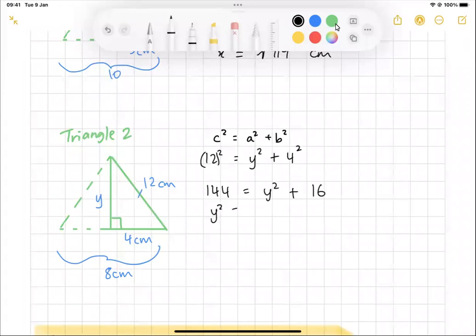Sorry, y will equal the square root of 144 minus 16, which we will get as the square root of 128 centimeters. Okay.